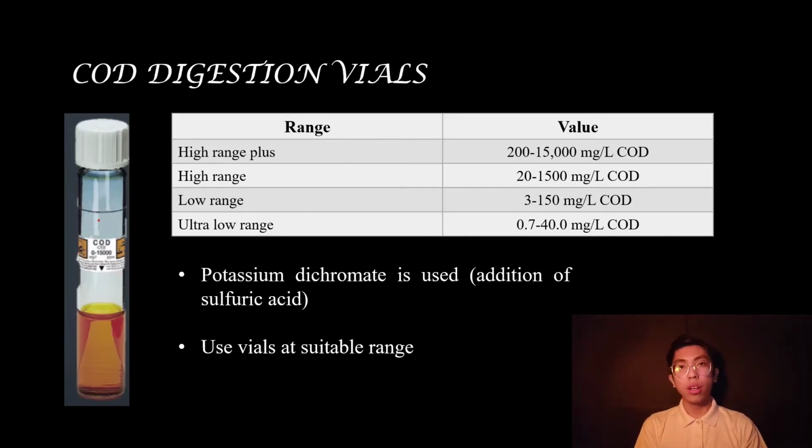What is inside the COD vials? Potassium dichromate is used in the COD vial, with some addition of sulfuric acid. When we use the COD vials, make sure you wear gloves. Besides, you must ensure that you use the vial at a suitable range to get the COD reading.